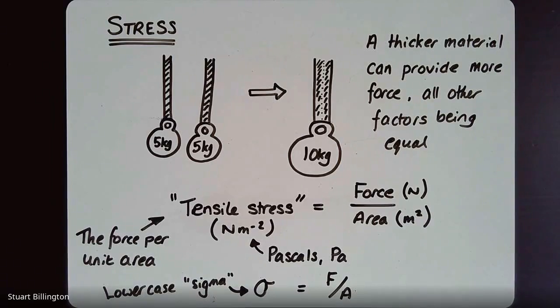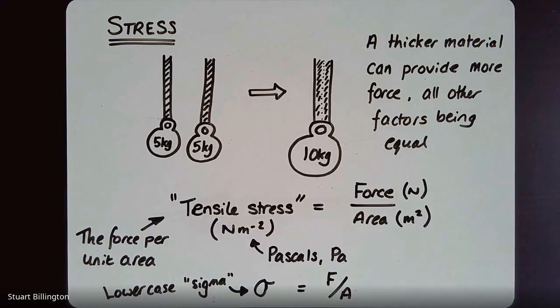So that's referred to as the stress, and it takes the Greek letter sigma, which is kind of a 0 or an O with a little tick on the top of it going off to the side. And so you'll often see it written as sigma equals F over A. Just a little note about the unit.